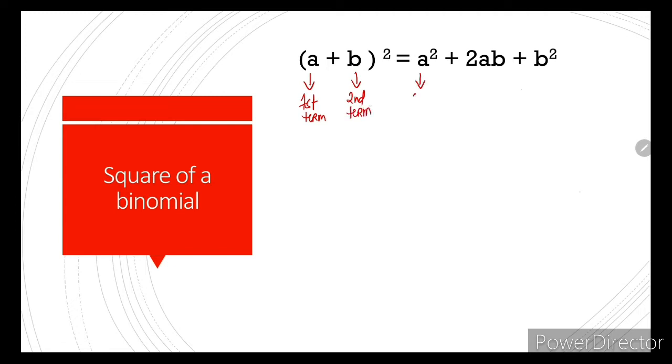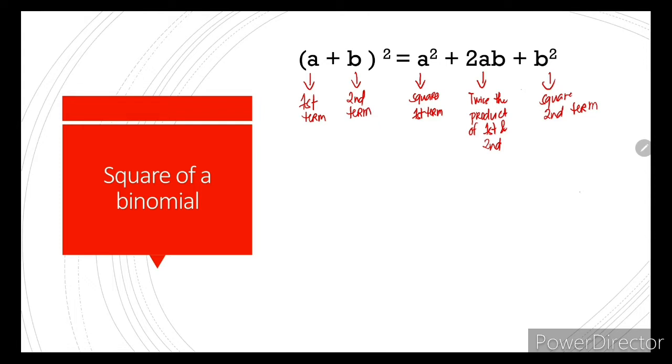So a squared is the square of the first term, 2ab is twice the product of the first and second term, and b squared is the square of the second term.